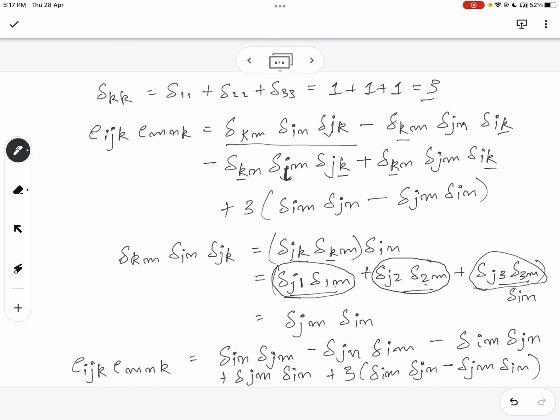So we can see that this term occurs twice, and this cancels out 2 out of 3 times this one.